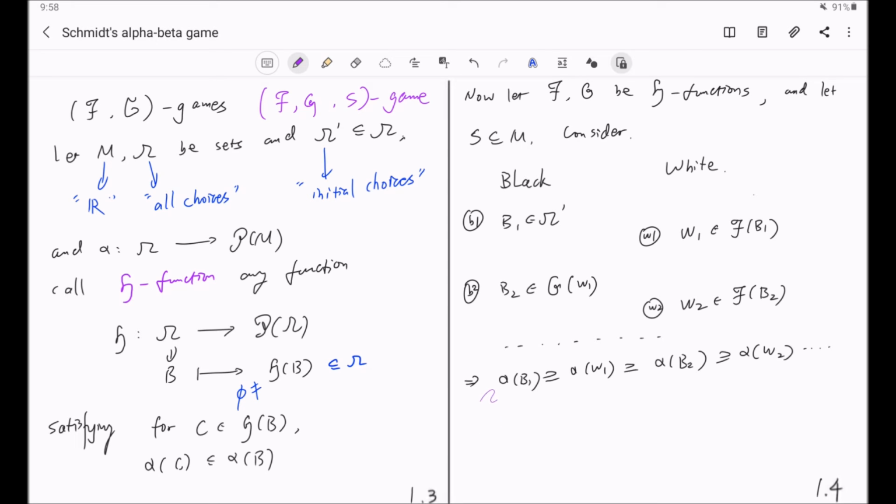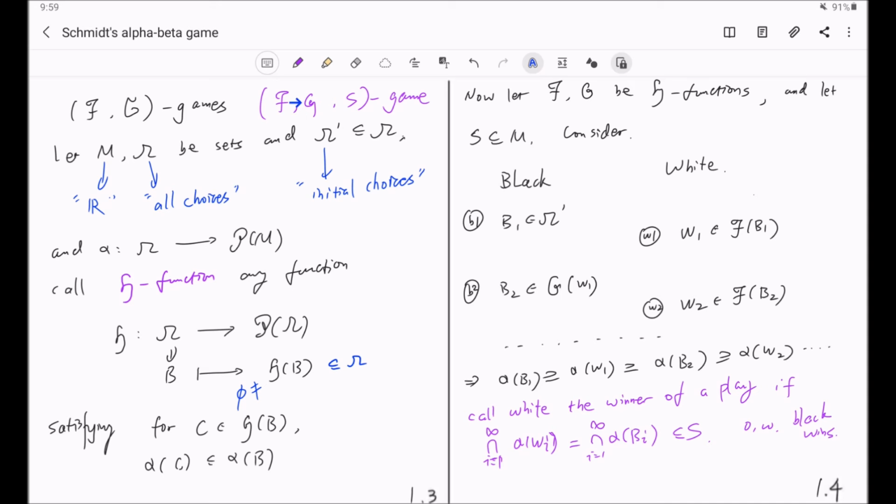We call white the winner of the play if the intersection of all alpha of W_i's, which is the same as the intersection of all alpha of B_i's, is contained in S. Otherwise black will be the winner.